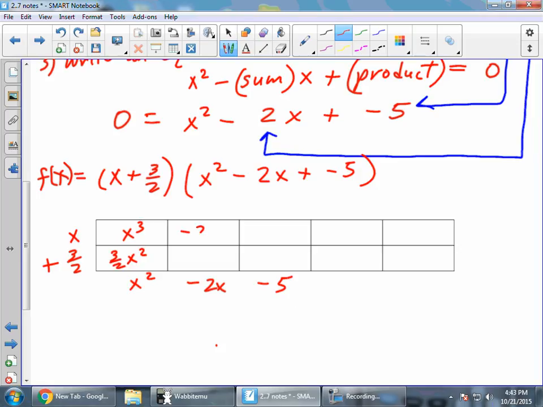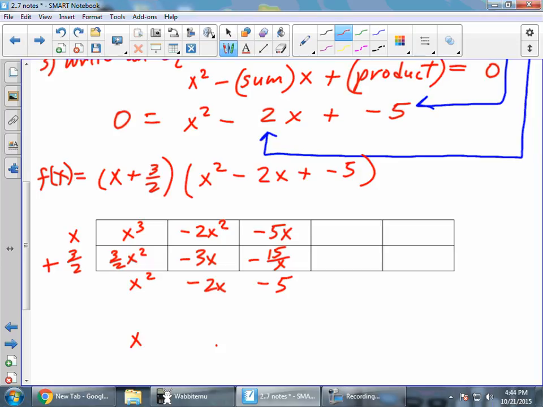This would be minus 2x squared. This would be negative 6x over 2, which will be negative 3x. This one will be negative 5x. This one will be negative 15x. Okay, there are 6 terms.